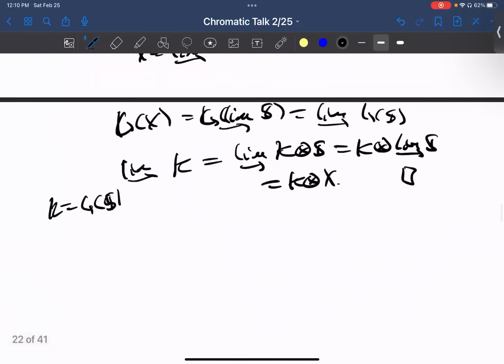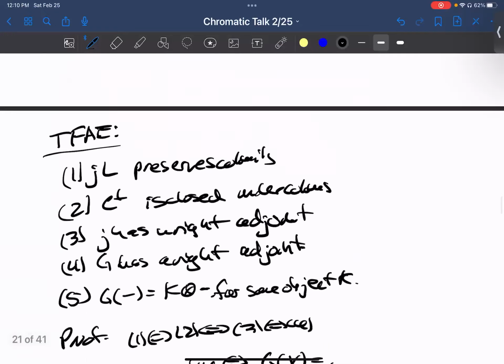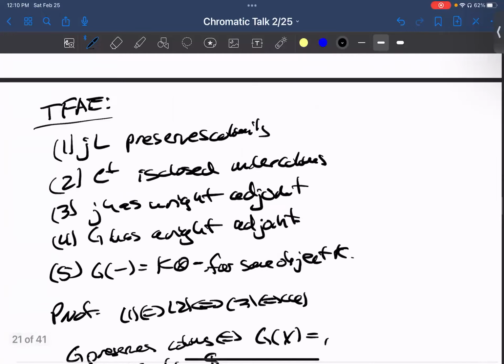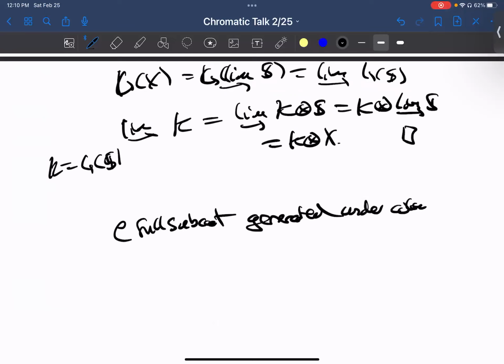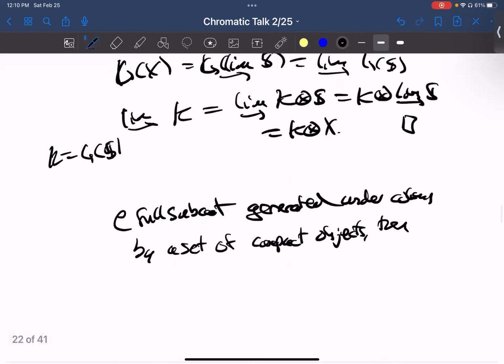So there are some important examples of when this comes up. For instance, if you take C to be the full subcategory generated under colimits by a set of compact objects, then C is smashing.